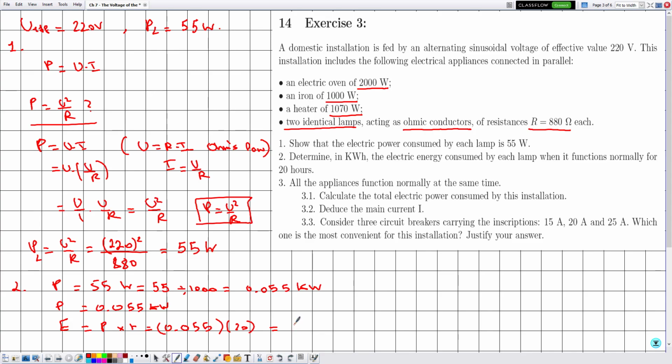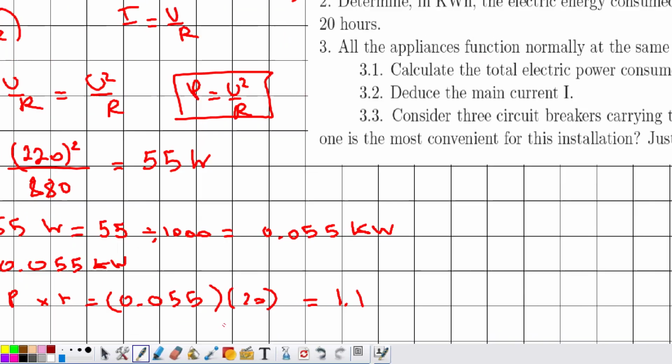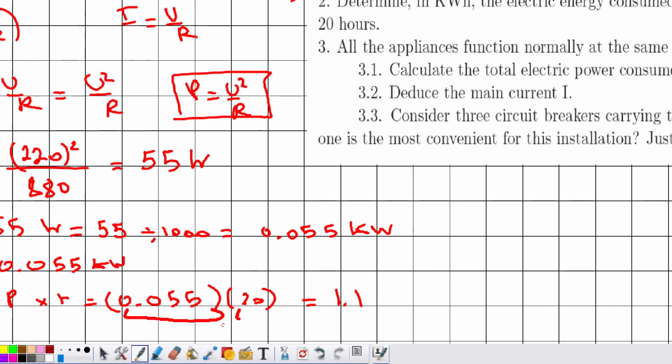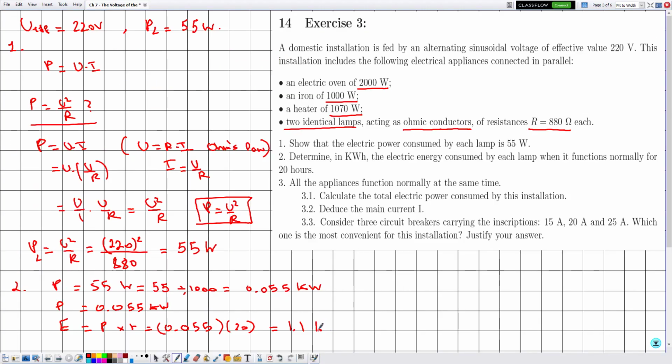So it's given by 1.1. Since power is expressed in kilowatts and time is in hours, the unit of the consumed energy in 20 hours is E is equal to 1.1 kilowatt hours.